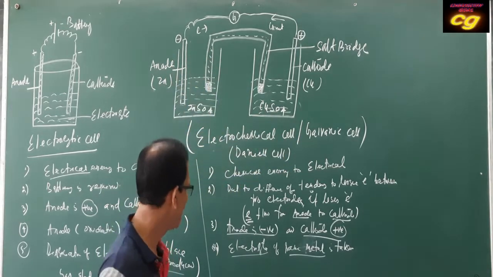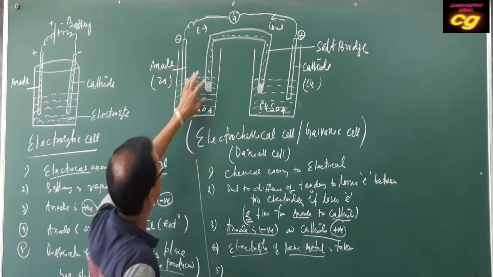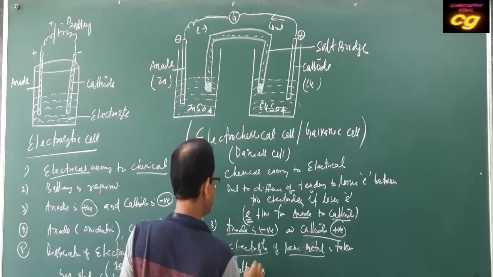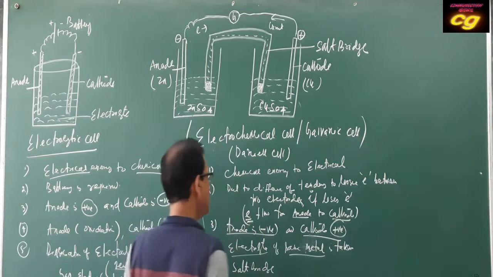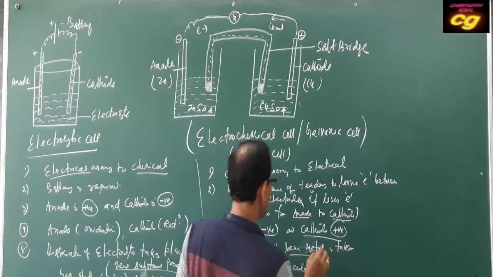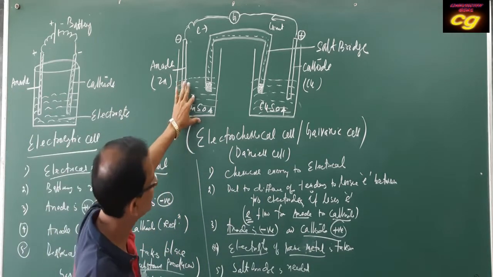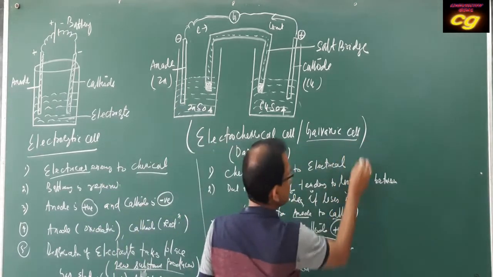Here, number 5, salt bridge is needed. If you frame the electrochemical cell without a salt bridge, this is called a galvanic cell also.